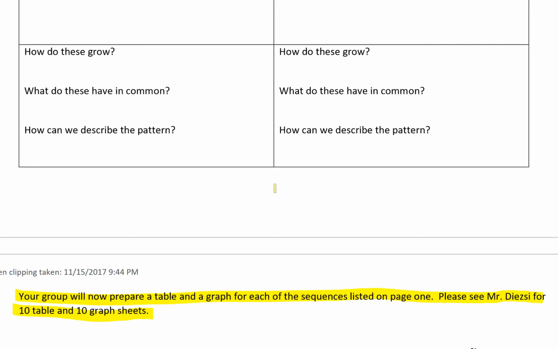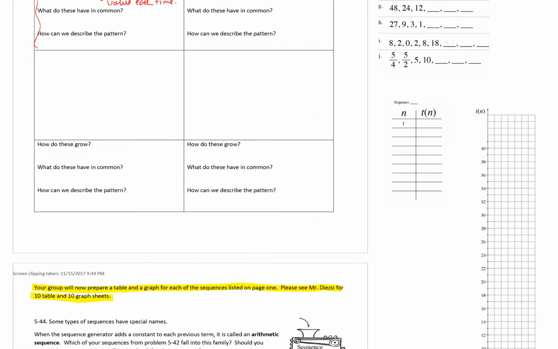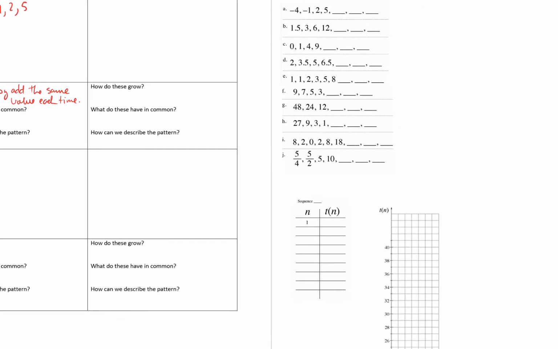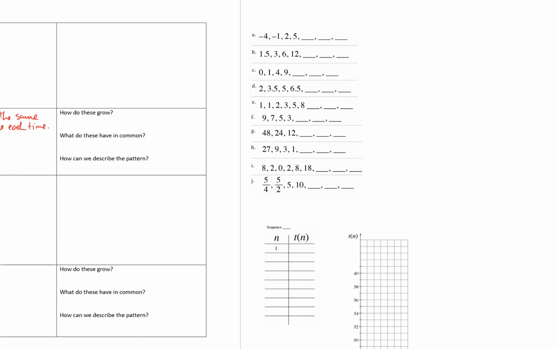So for example, if I was to look at the one that I was working on, I did A with the 4 values -4, -1, 2, and 5. One of the things that I would like for you to do is to extend it by 3 more values.